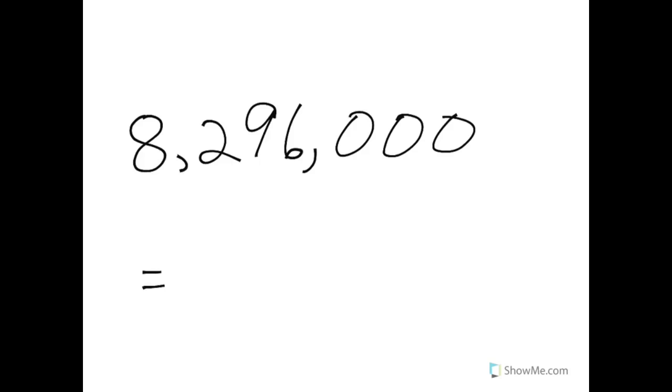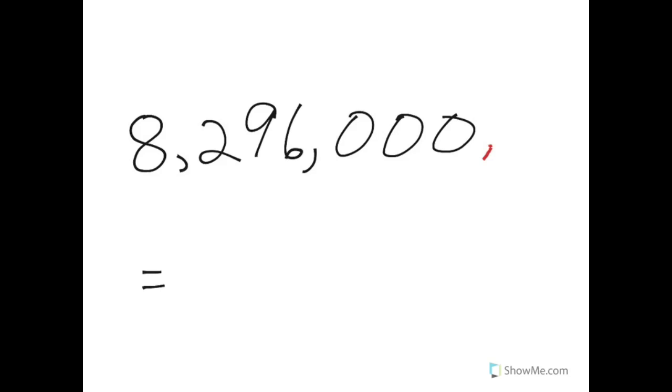We have 8,296,000. It's a big number. Scientific notation helps us write large numbers like this in a shorthand method, kind of a smaller way to write it. Okay, here's what we're going to do. We know our decimal point would be at the very end, right? Now, of course we do.